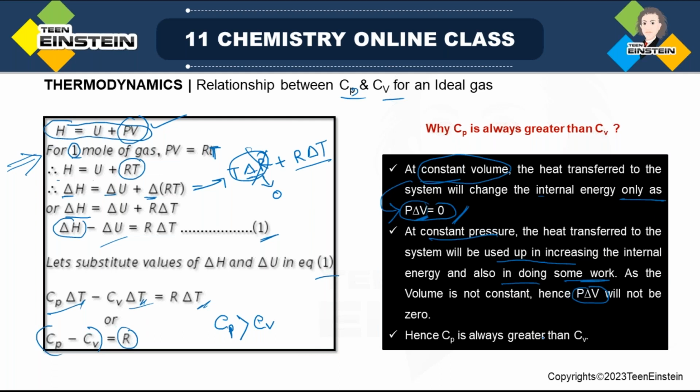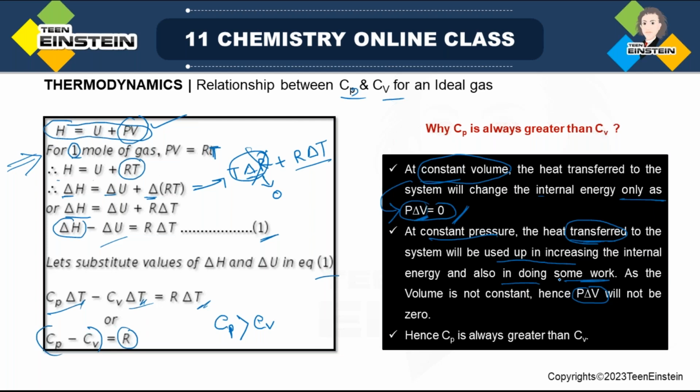So whatever amount of heat is involved, it is actually doing two things simultaneously. One part is increasing the internal energy, that is del U. Another part is doing some PV work, mechanical work, because now P del V is not zero.